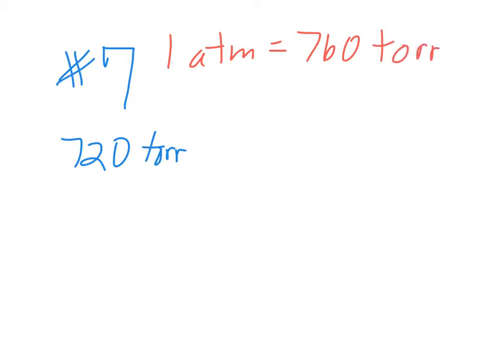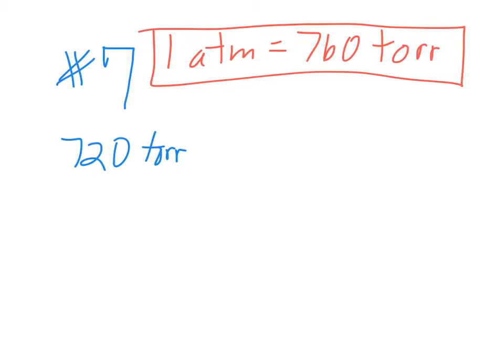And this is what I gave you on the notes last week. Now this goes back to the chapter like when we did moles and molecules and all that. You have to look at the conversion if you're converting something. So here, because your two pressures are two different units, you can either change the torr to the ATM, or you can change the ATM to the torr, okay? So here, let's just change the torr.